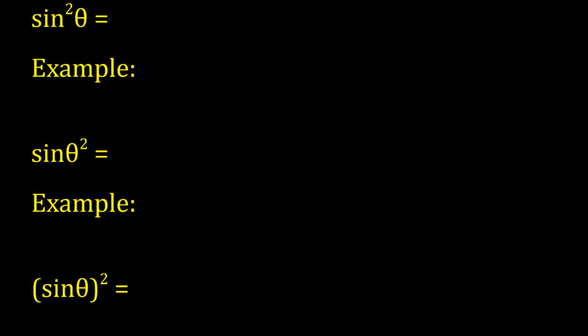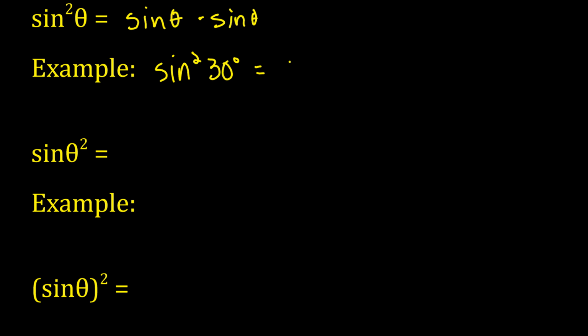Sine squared of theta looks a little weird, but this is really just saying sine of theta times sine of theta. Whenever you see the squared in between the sine and the theta, that would be sine of theta times sine of theta. Let's say we had sine squared of 30 degrees.